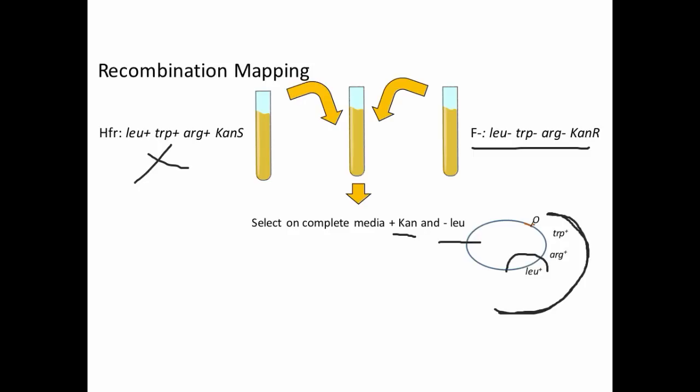So we're ensuring that this last prototrophic marker has transferred over by plating the cells out on media with kanamycin, therefore killing the HFR strain, and lacking leucine, selecting for only the F- cells where leucine has entered the recipient.